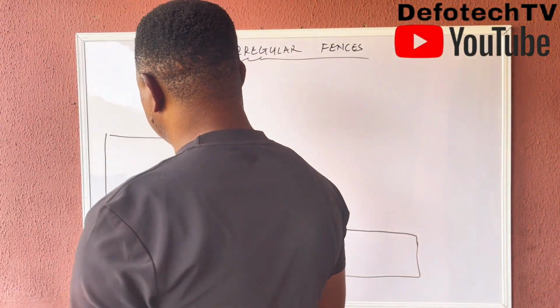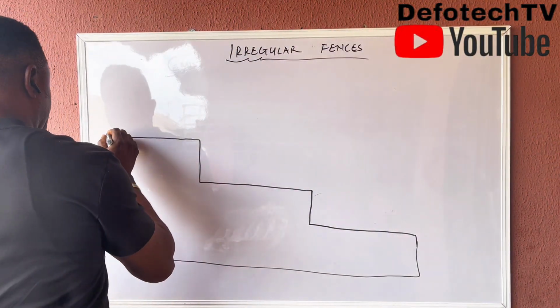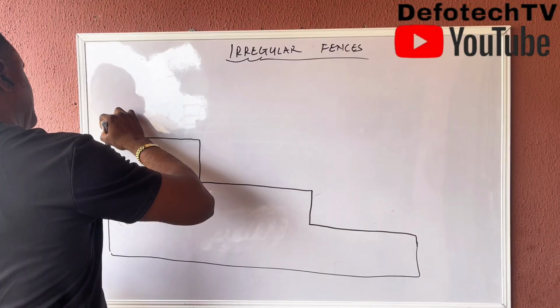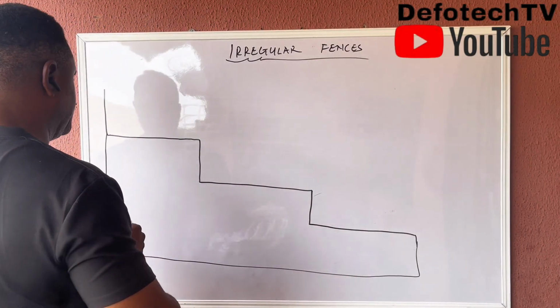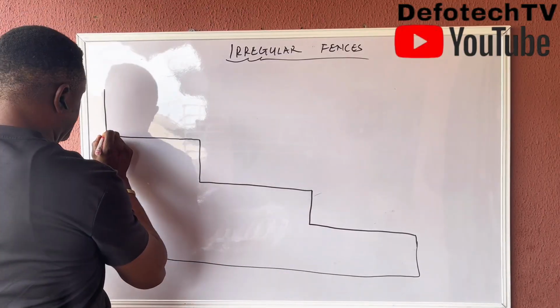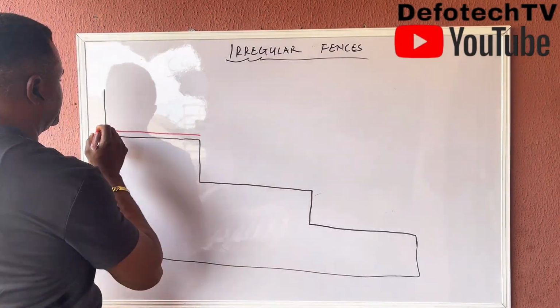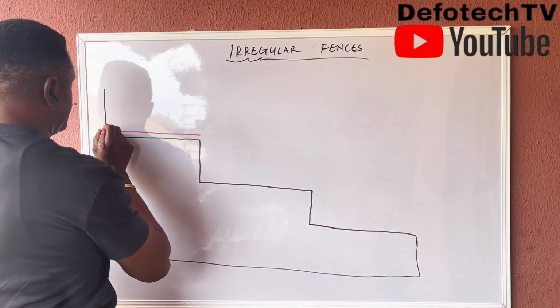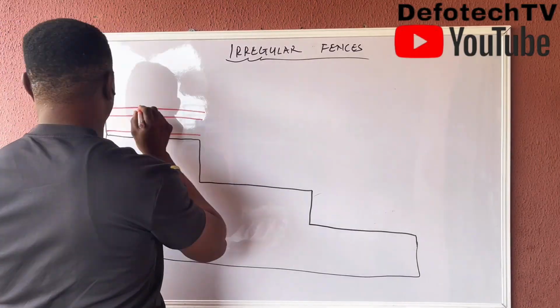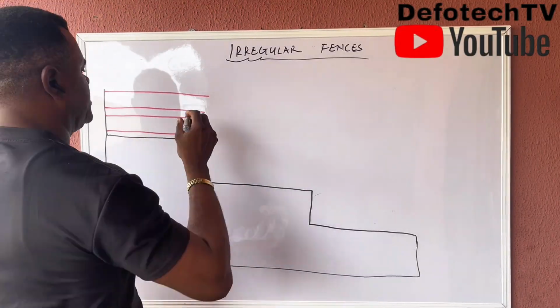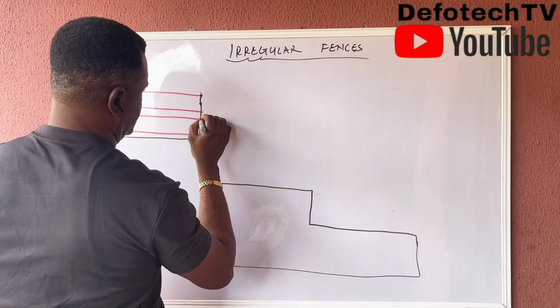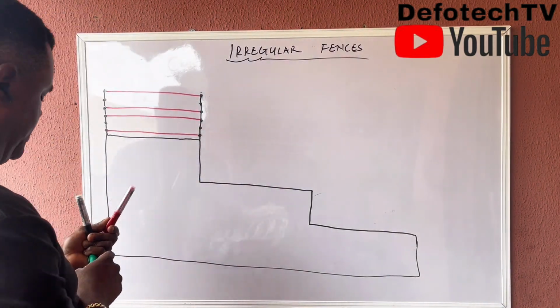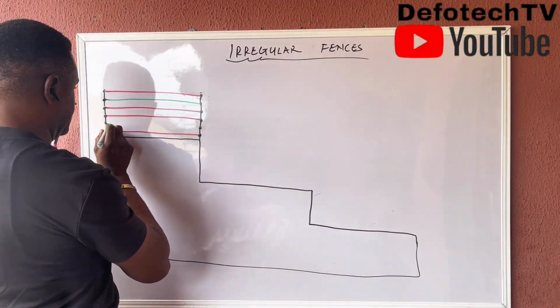So this is what we need to do. Let's assume we have a bracket here. Let's draw our lines. I just want to make sure this part doesn't eat most of our time, so I decided to fast forward this area. All I'm doing here is drawing the brackets and the lines, what it looks like.